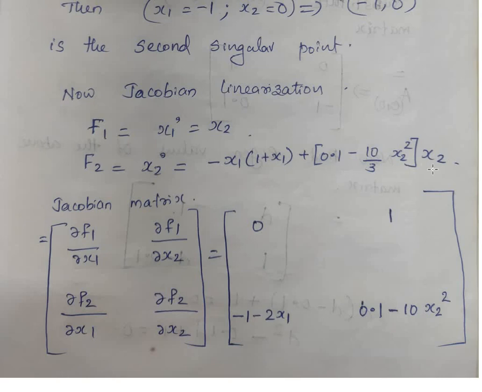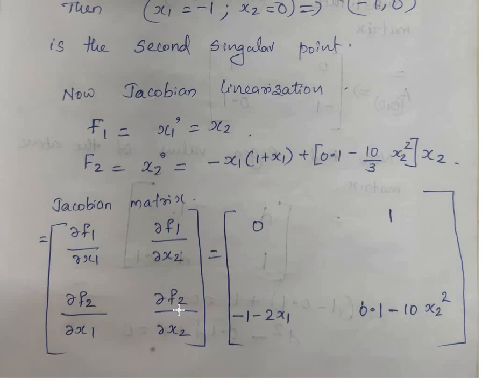If you find the derivative of the other term with respect to x1, this will become 0. Since this is 0, I am representing only minus 1 minus 2x1.